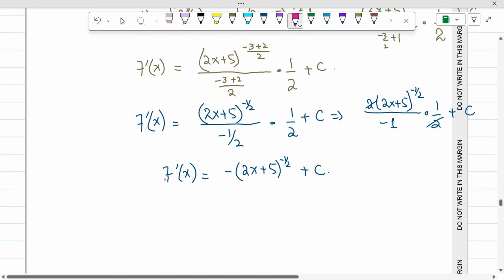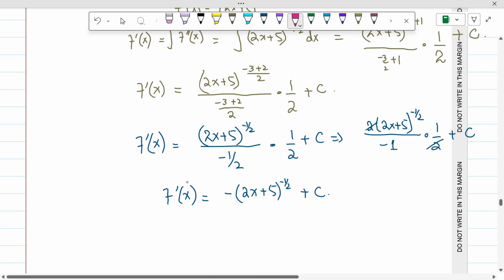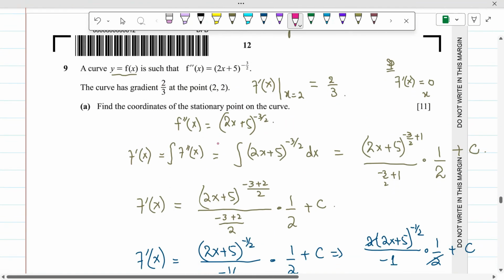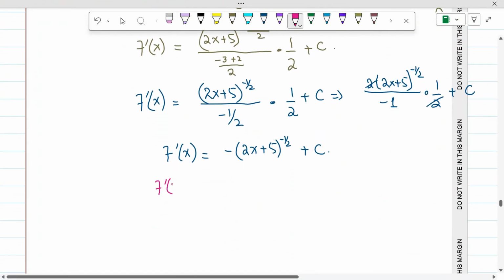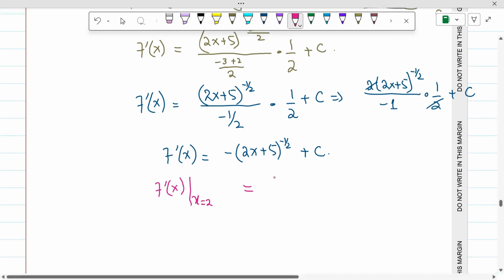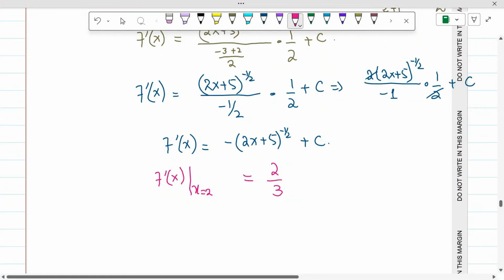Now this is the gradient of the curve, or you can say the generalized gradient of the curve, and it is given that the gradient at x equal to 2 is 2 over 3. So the first derivative of the function at x equal to 2 is 2 over 3. When we plug x equal to 2 into this equation, negative (2 times 2 plus 5) to the power of negative half plus c equals 2 over 3.